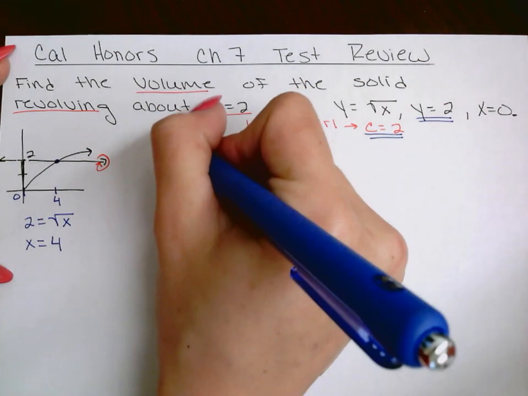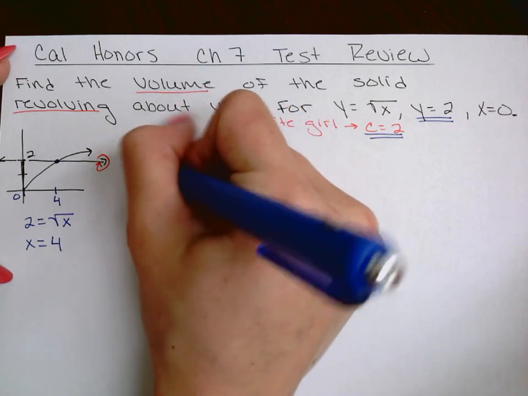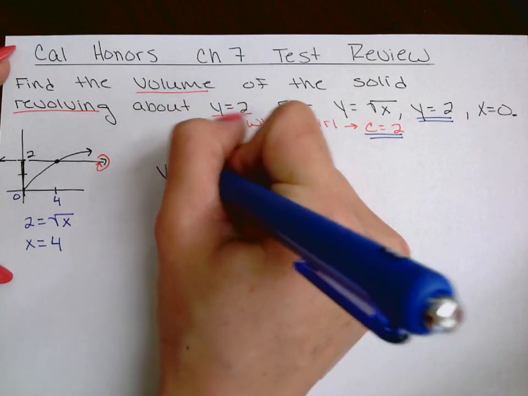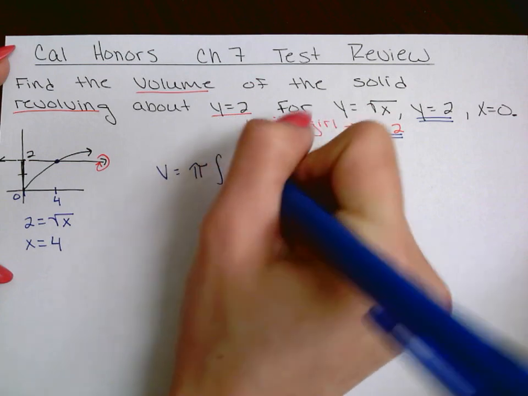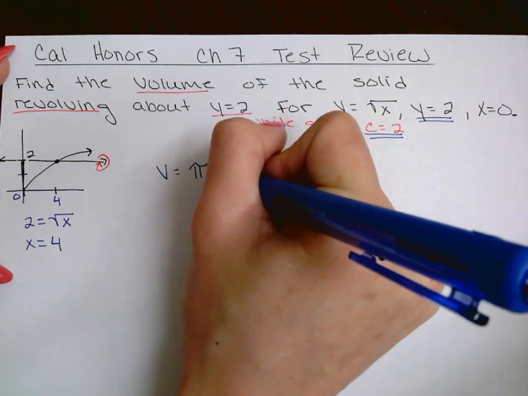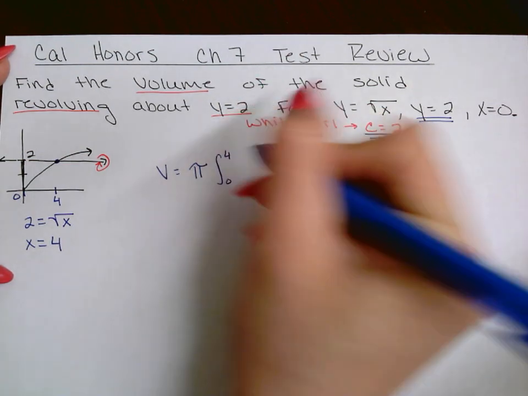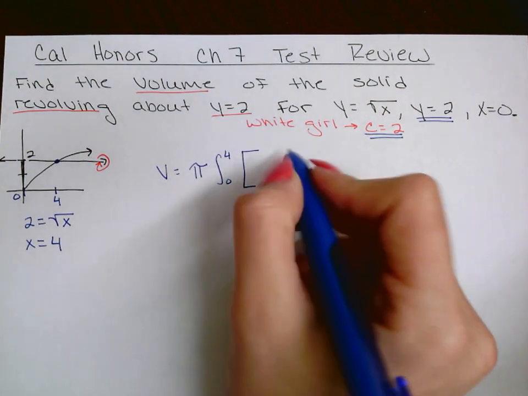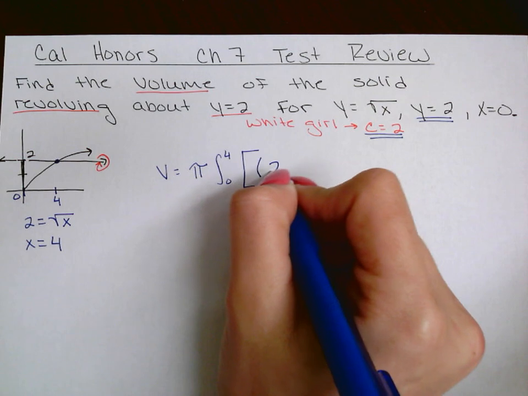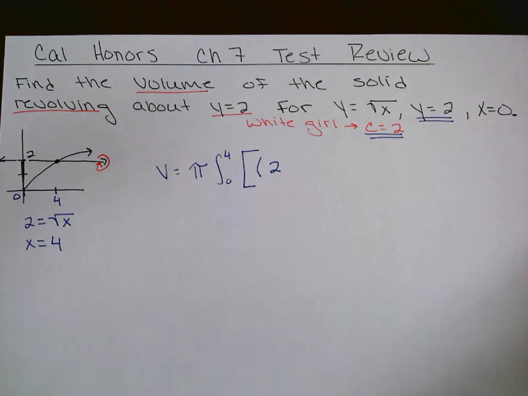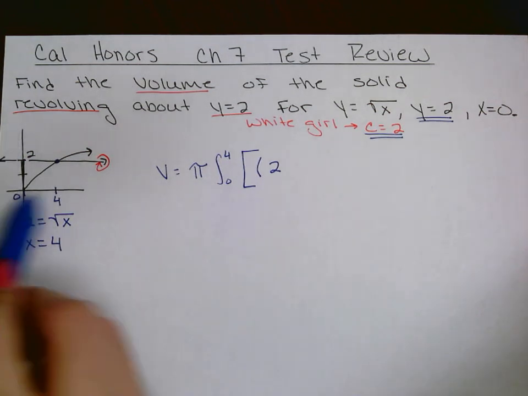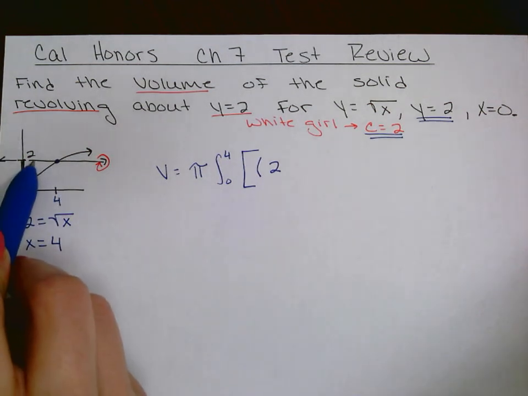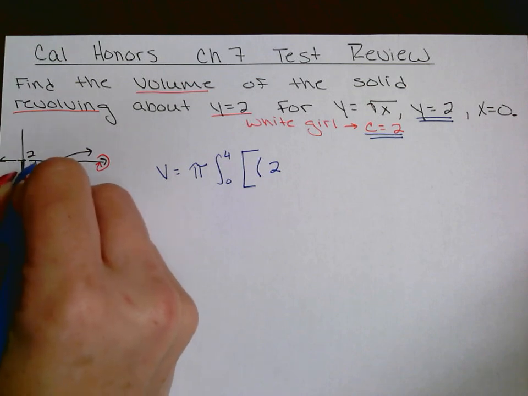All right. So far in my integration, remember volume is pi times the integral from a to b, which in this case is 0 to 4. And then I have c, c is 2, minus the function furthest from my line of rotation. So remember, you put your pencil in between a and b on your line of rotation, and you draw towards your function.